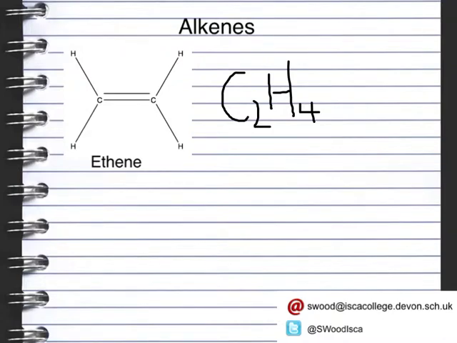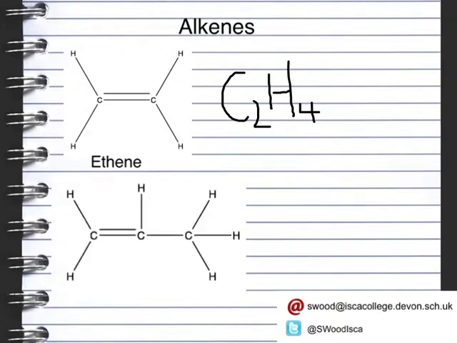Now this gives a molecular formula of C2H4. The next one is propene. Again, similar to the alkane cousin, we've got 1, 2, 3 carbons. However, a common mistake made is that we only have one double bond in here between the first two carbons. So we've got 1, 2, 3, 4 bonds on here, 1, 2, 3, 4 bonds on here.